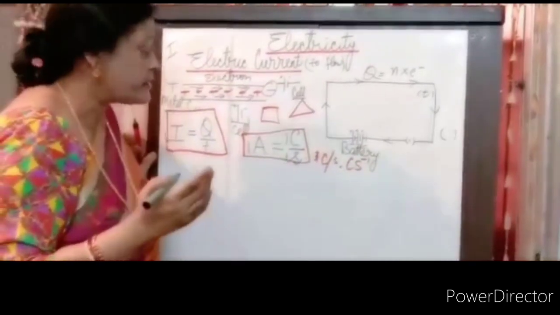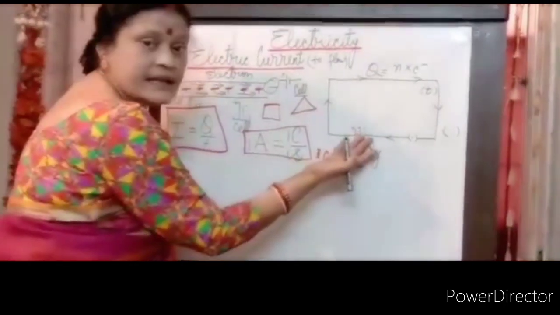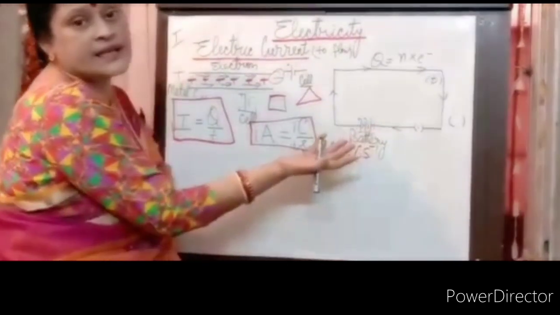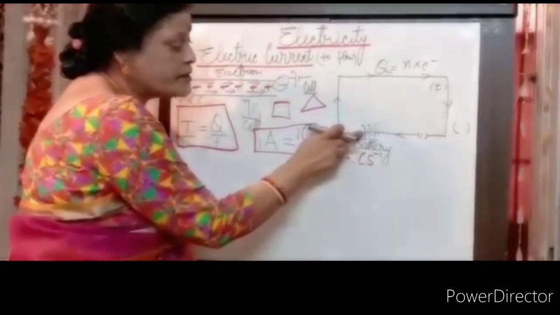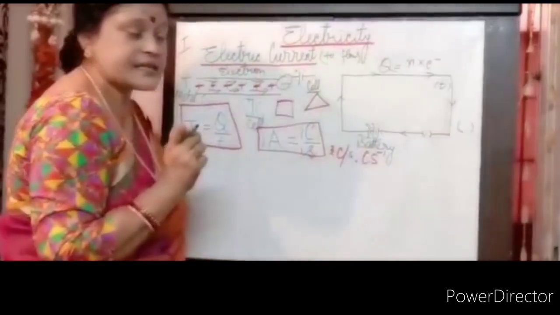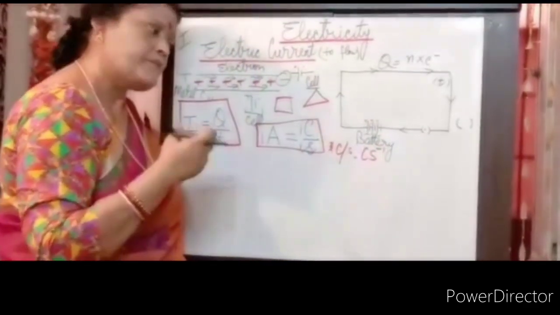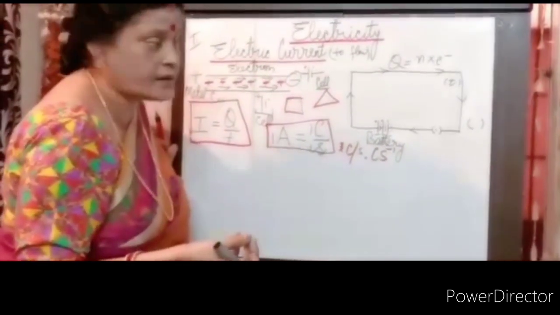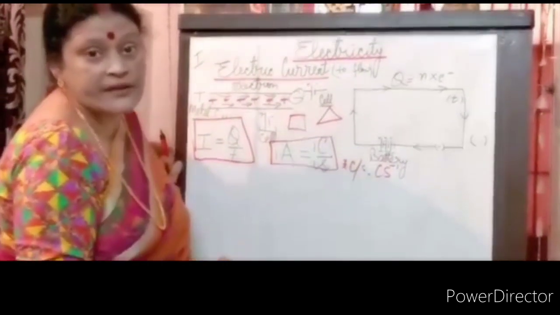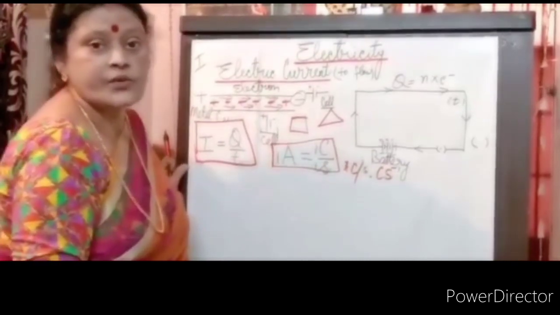When there is more than one cell, we call it a battery. How many cells are there, student? 1, 2, 3. So a total of 3 cells are there. Many cells could be added together, and when together, it is known as a battery.